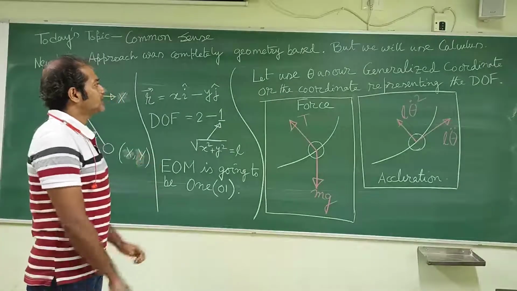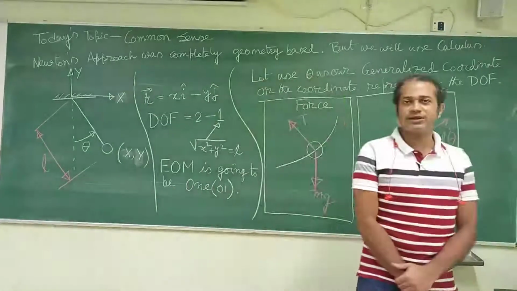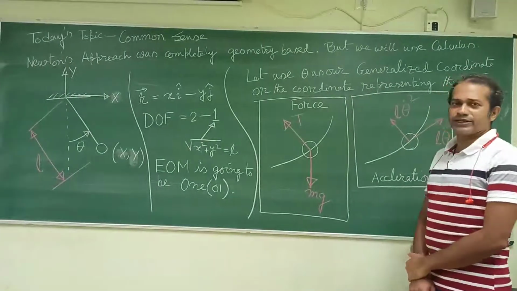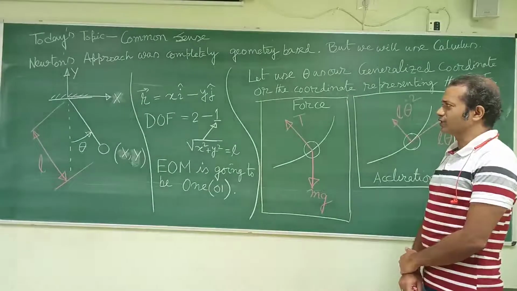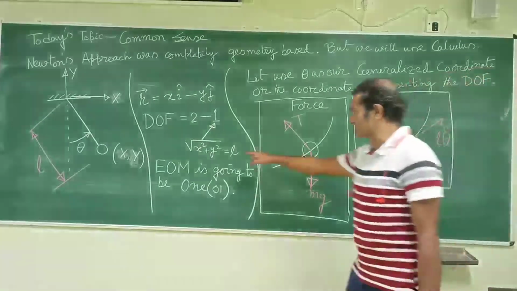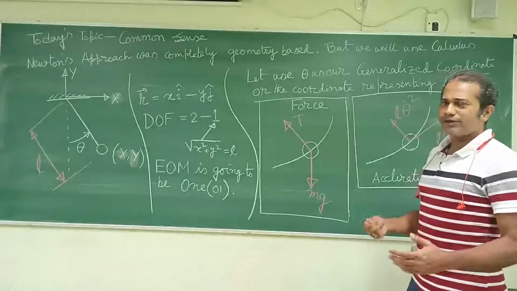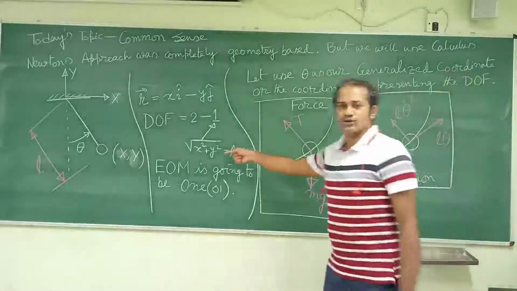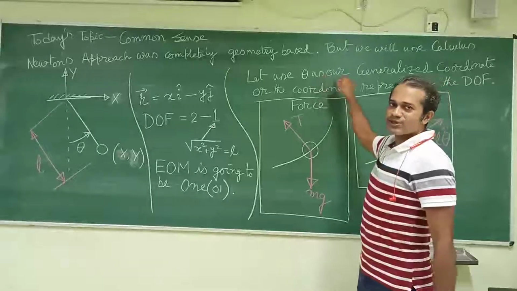Now let's say that instead of choosing x and y as our generalized coordinates, I will not be keeping the xy coordinate system because they are related by a certain constraint. So it is not very convenient or easy to deal with this constraint. Rather, we are going to use theta as our generalized coordinate.